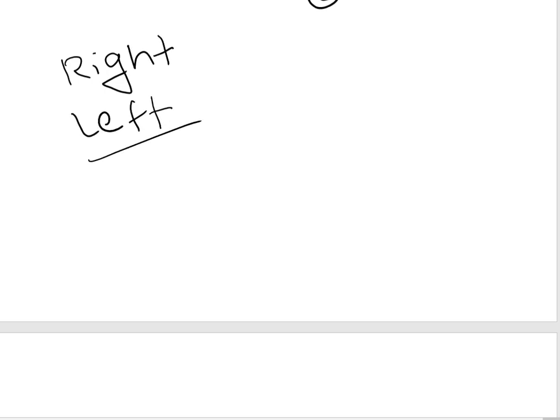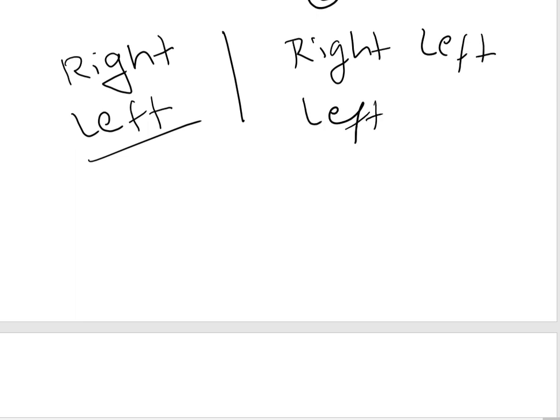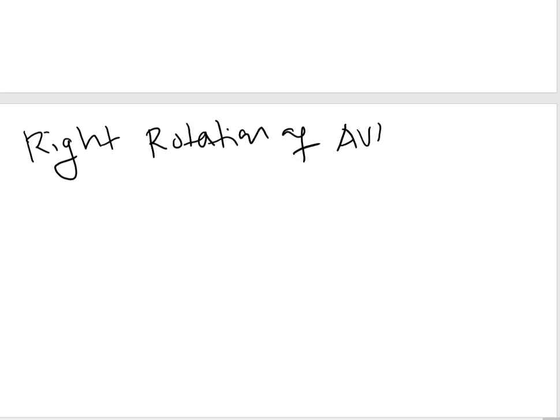Once again, today I will cover right and left. Tomorrow we will see right left and left right. Okay, once again I am repeating the right rotation of AVL tree.